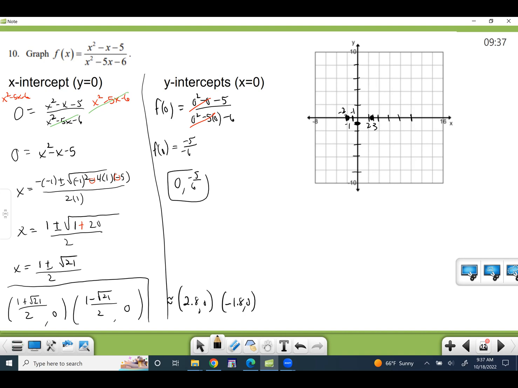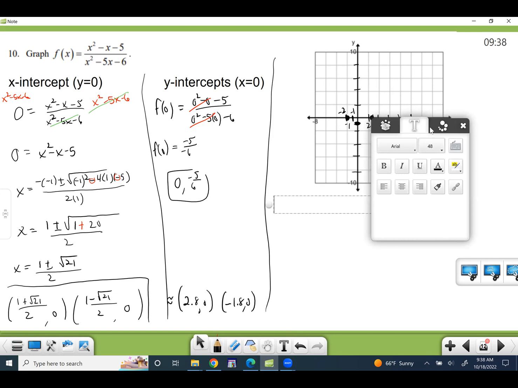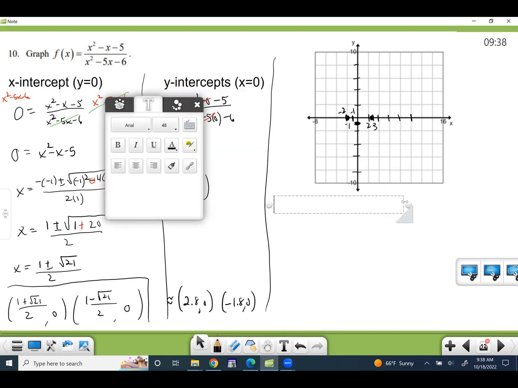Okay, so that's what we've got so far. All right, now let's go in and get the other things that it wants, okay? So let's go in and get our vertical and then our horizontal asymptotes. We actually don't have a slant. I'm just going to put VA for vertical. I'll put HA for horizontal. And then I'll just put SA.